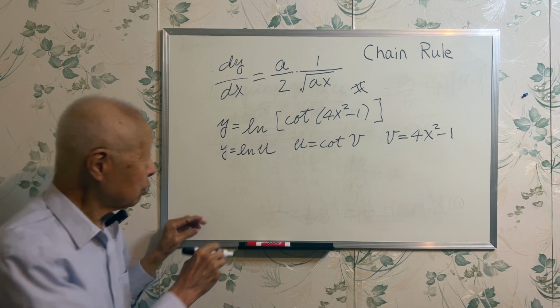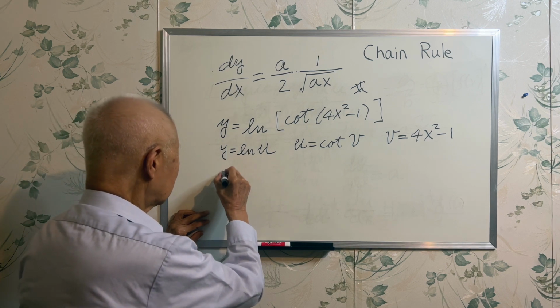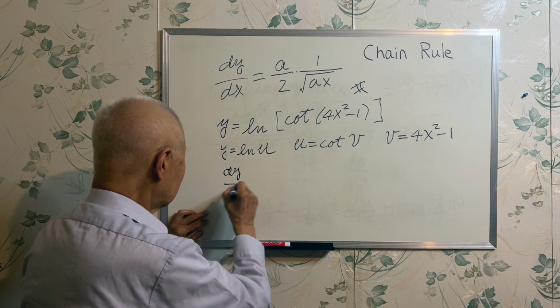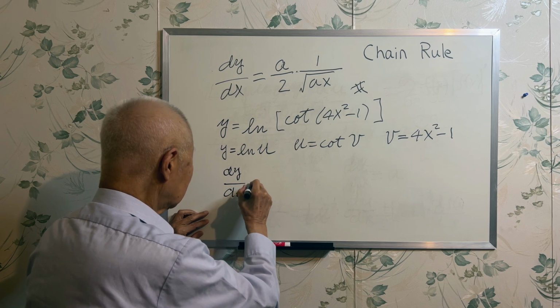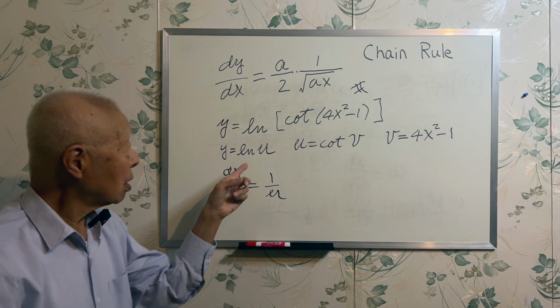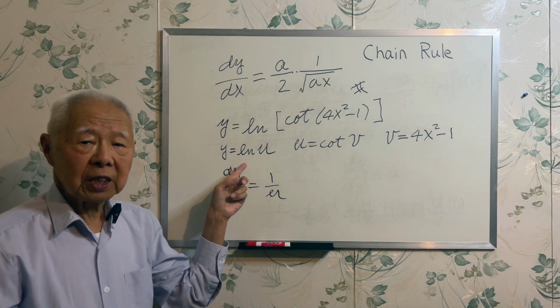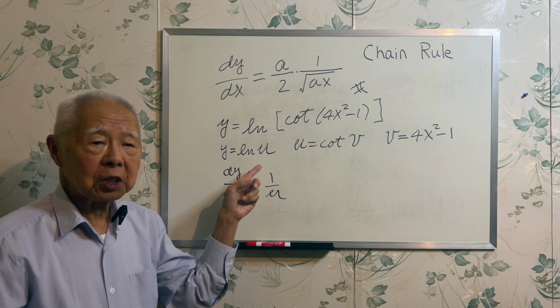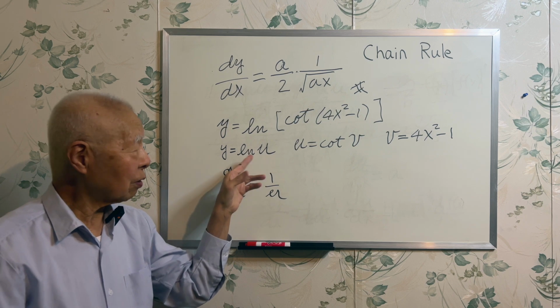Do the derivative. The derivative of natural logarithm is just 1 over the variable.